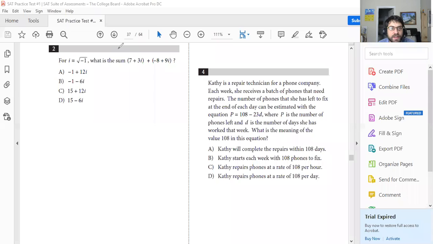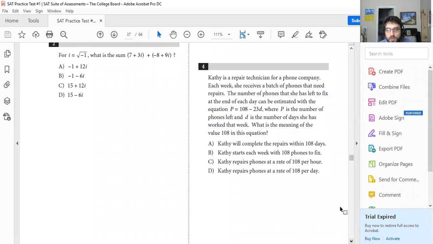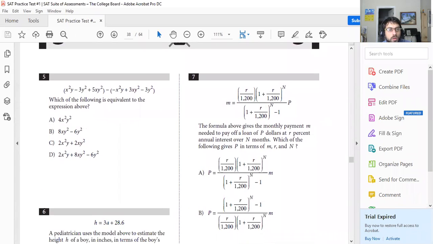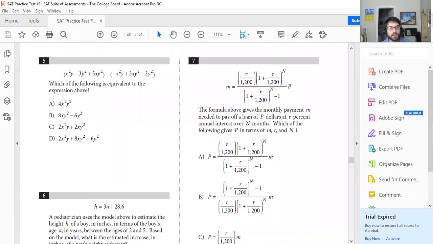We have number 5. Okay, we have a polynomial equation. Let's rewrite this so that we get rid of the negative and distribute it. So we have x squared y minus 3y squared plus 5xy squared, and then distributing the minus, minus 3xy squared plus 3y squared plus x squared y.